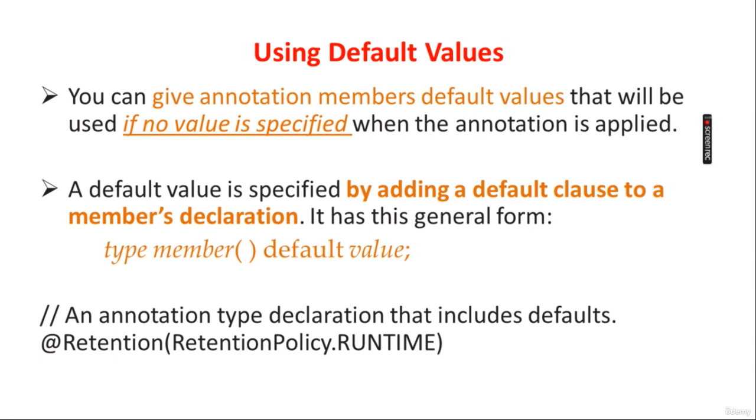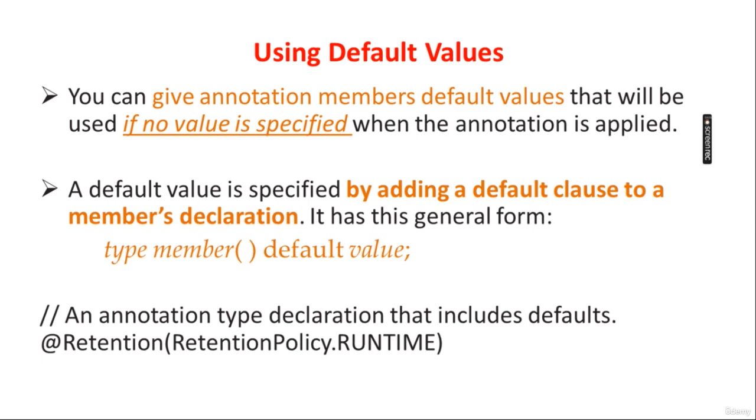So the default value will be 0. In some cases, if you don't want 0 to be initialized, you can specify it like int i = 10. So 10 is the default value for i. Like this, in annotations also, you can give default values if no values are present.